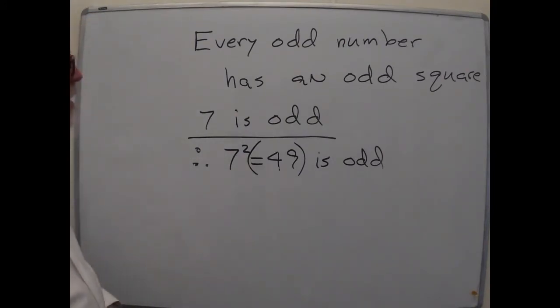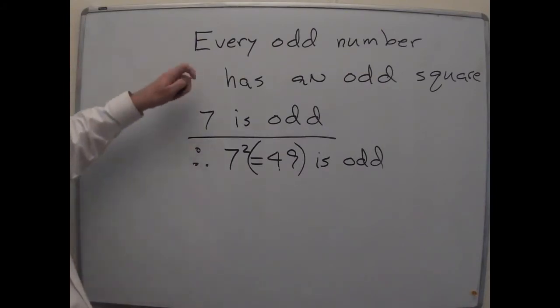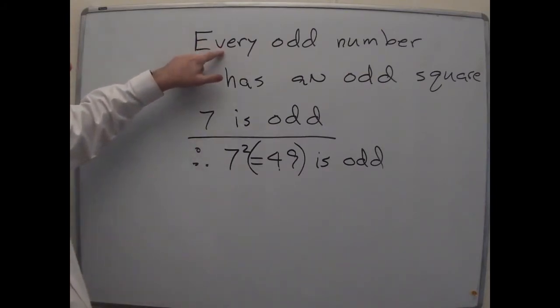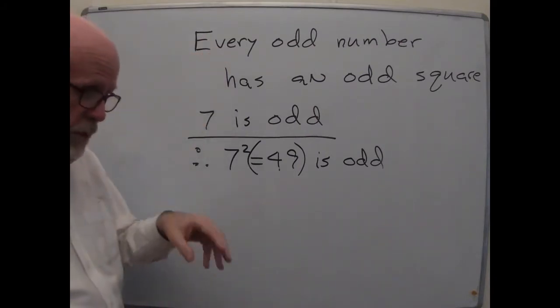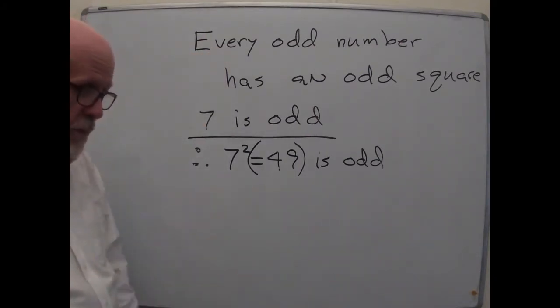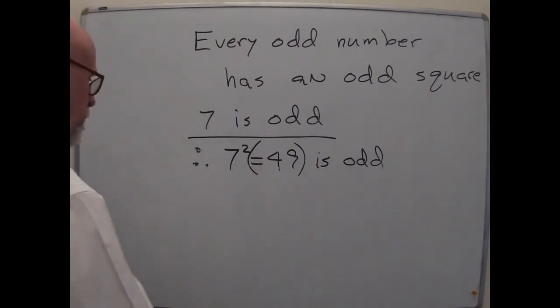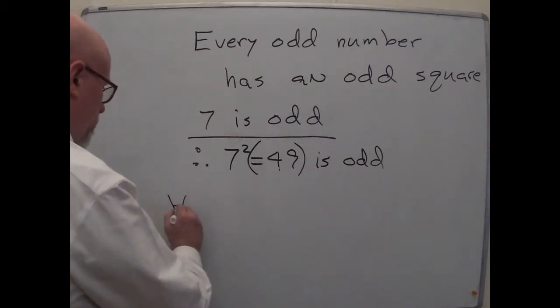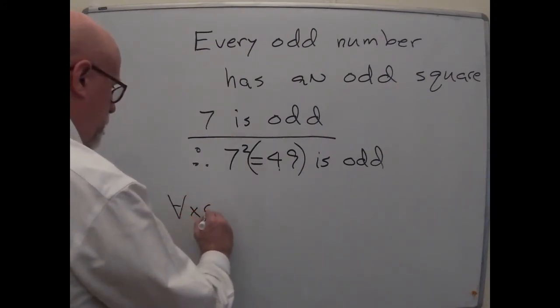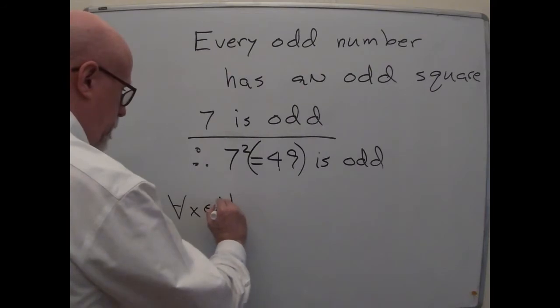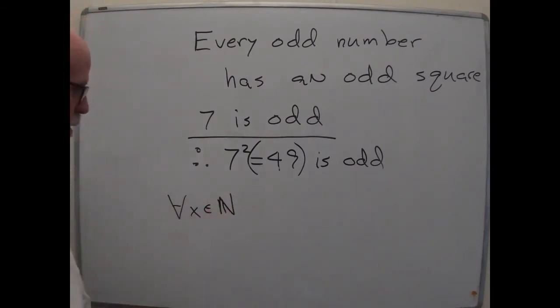Now, does that actually look like modus ponens to you guys? Probably not. So let me make sure we can rephrase this so that it looks like modus ponens. It should look like an if something implies a then something. How do you rephrase every odd number has an odd square? Well, I'd say something for all x in the natural numbers, perhaps. This universe could be different, but I'm using natural numbers.